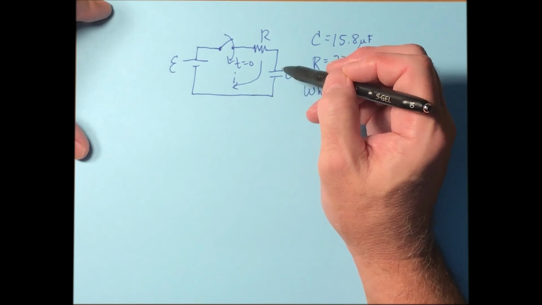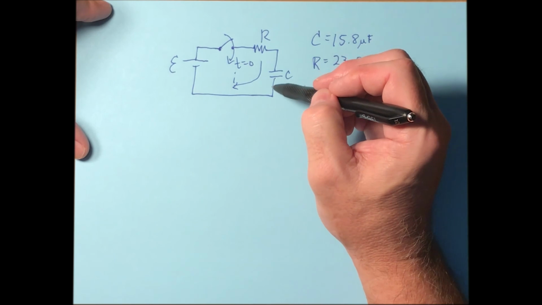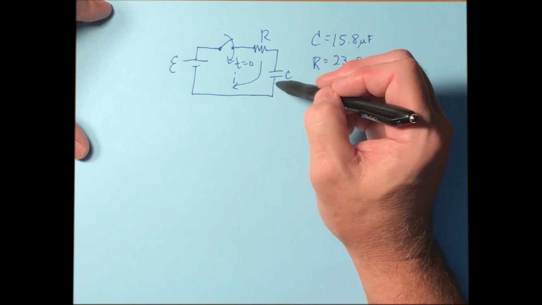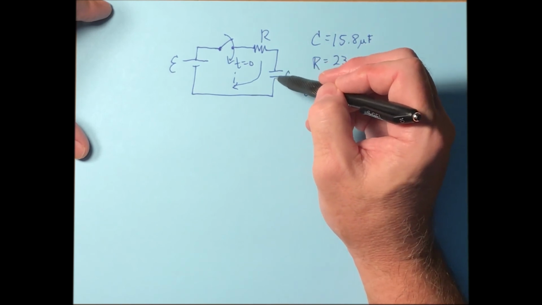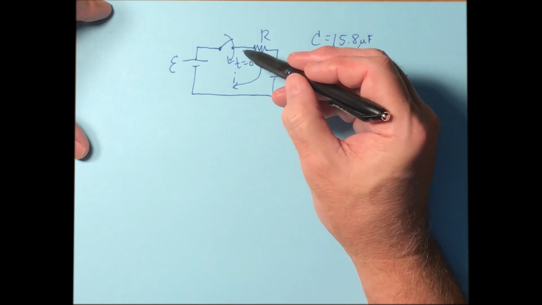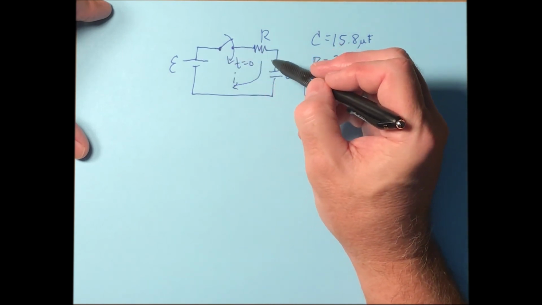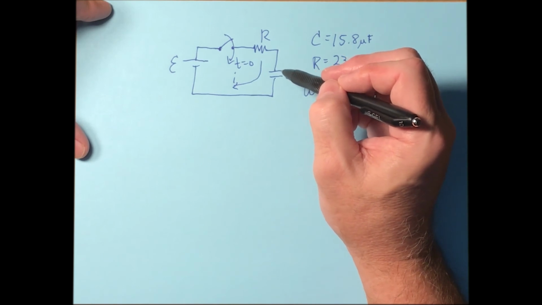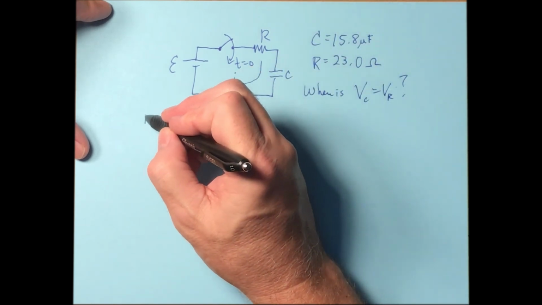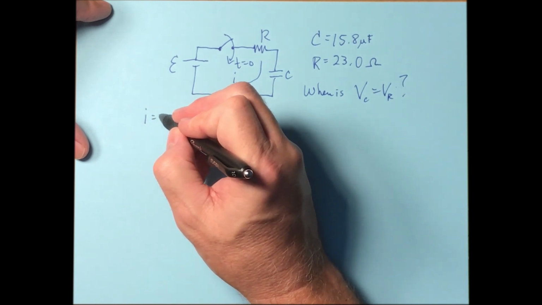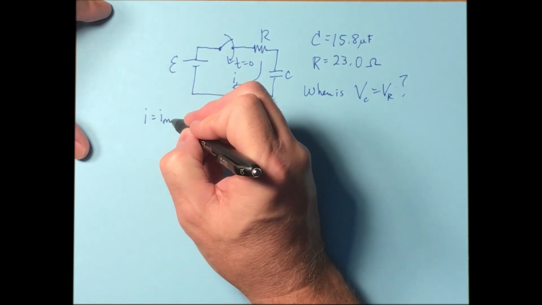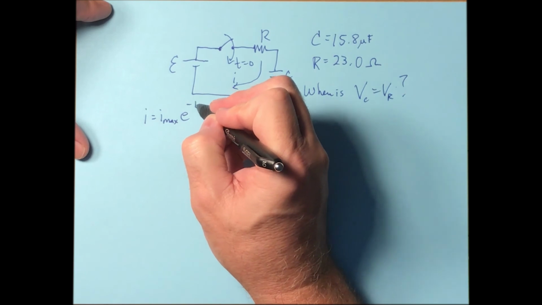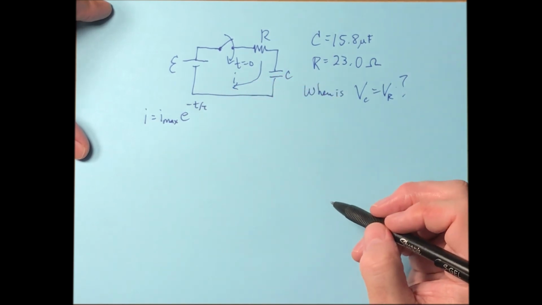Ask yourself that question. If you convince yourself that the current dies down because the capacitor is becoming more and more charged, so even though the battery is pushing current around, the capacitor is opposing that because it's building up charge on its plates, that means I is going to look like I max e to the negative t over tau. So you expect that.